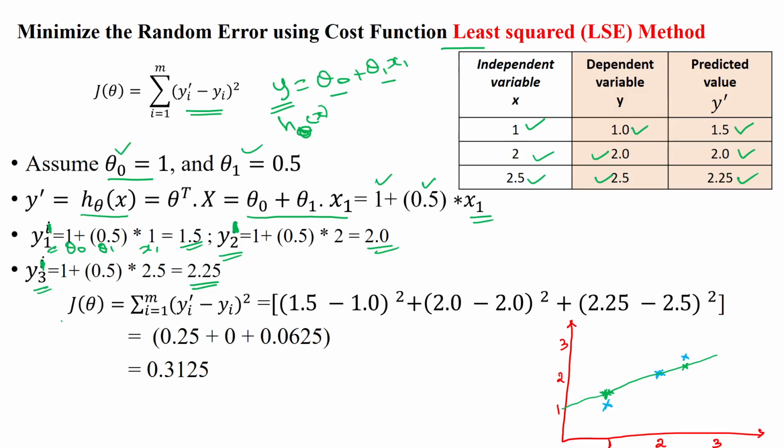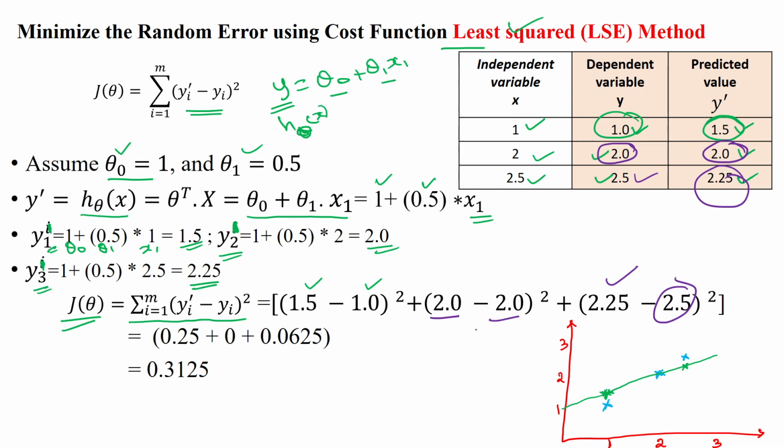Then we apply the cost function using the linear least square error method. So we take y dash of the first sample minus y of the first sample, and y dash of the second sample minus y of the second sample, and y dash of the third sample minus y of the third sample.